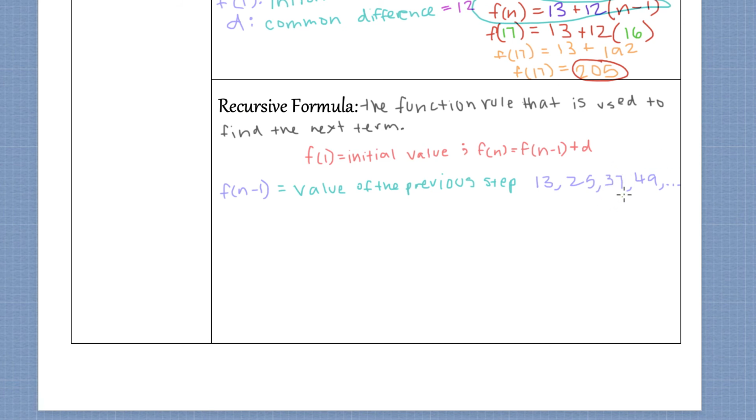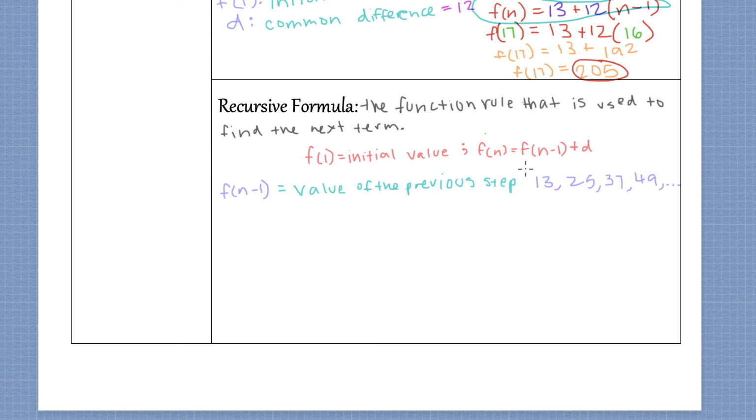And that would be this one right here. And so f of n minus 1 would be the previous step, so that would be step 2. And so in the explicit formula for n minus 1, we would just plug in 2. But when it is f of n minus 1, you replace the entire thing with the value of the second step number. So the value of the second step number is 25.